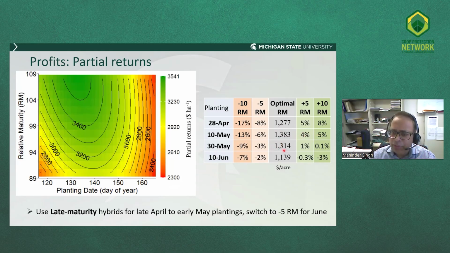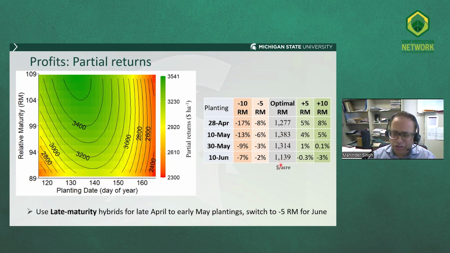End of May, probably good to stick with the optimal maturity. And for June plantings, maybe go towards up to 5 units earlier maturities to minimize any potential issues with the frost occurring before we are mature and maximizing our dry down.